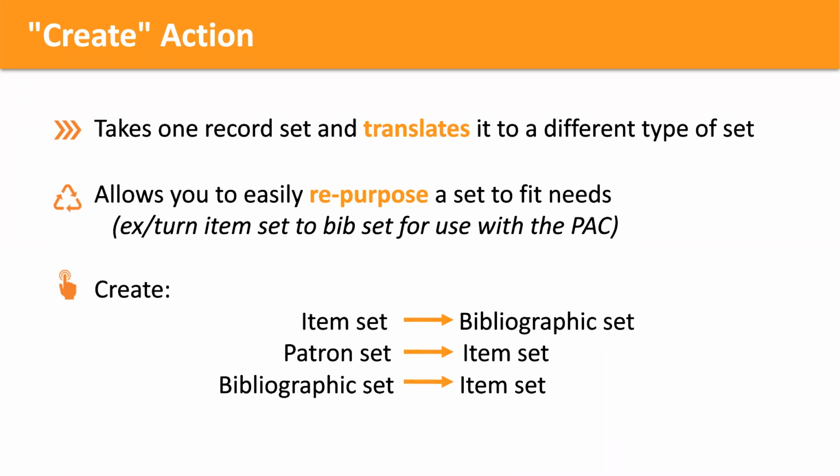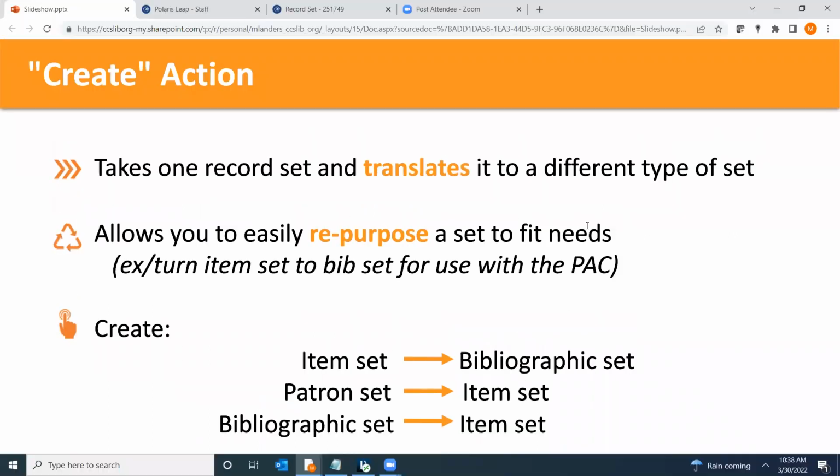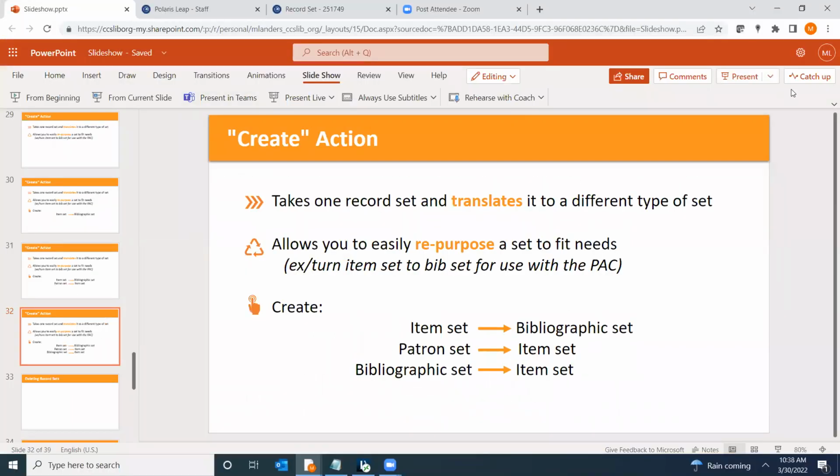If I create an item record set from a bib record set, it will take all of those linked item records of those bibs and add them to a new set. This means that your item record set can end up being massive depending on how many bibs you have in there and how popular those bibs are. Plus, you're going to end up with other libraries' item records in the set.